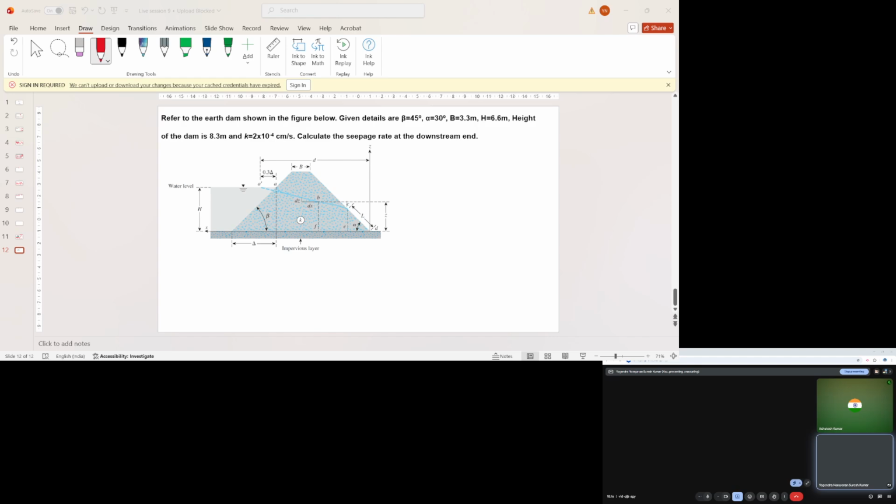How much are you getting? 20.35 meters, right? Now you calculate L. D upon 4.